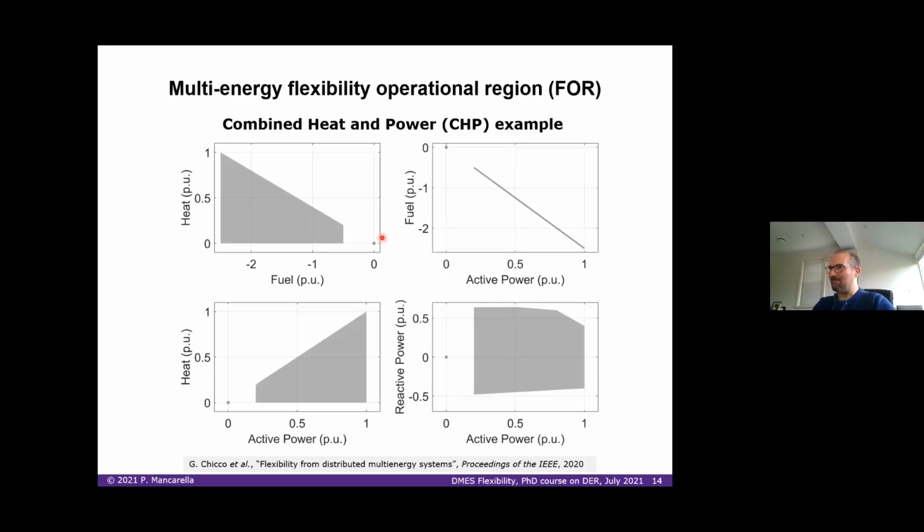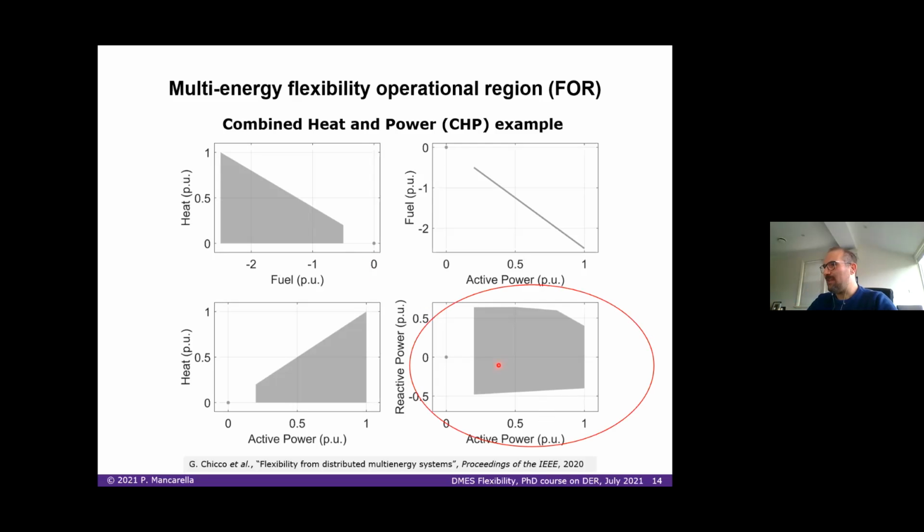If you look at the maps, there are different representations here, because now there is a fuel as an input, and then there is electricity, active and reactive power, and also heat as an output. So I can create all these different relationships between inputs and outputs, but also between different inputs.